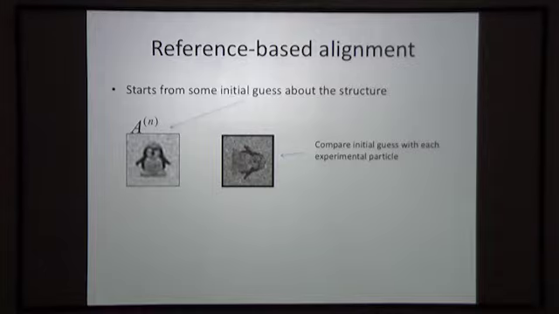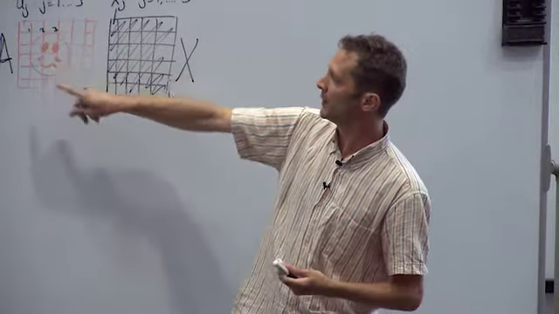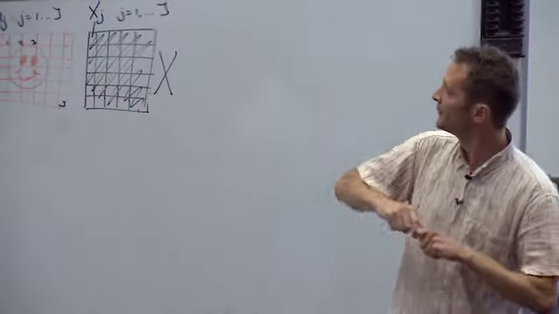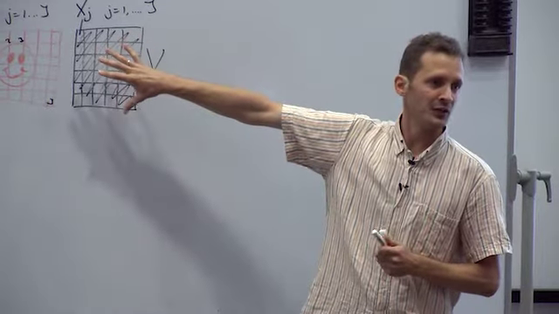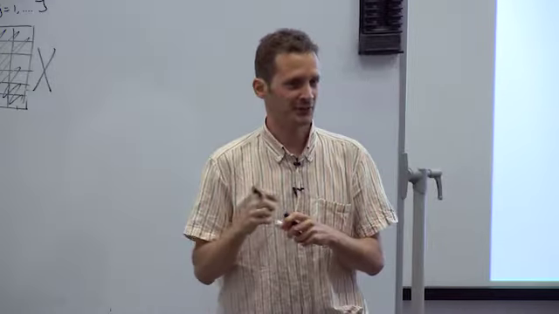I thought I'd do that on the whiteboard. So we have one blurry image of how a penguin should look, and we have one noisy image that is our experimental penguin. It's so noisy I can't even see it in this one, but it's there.